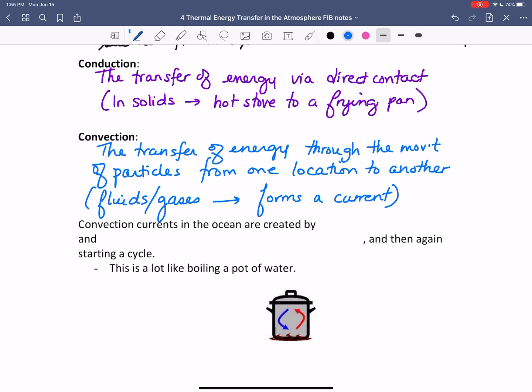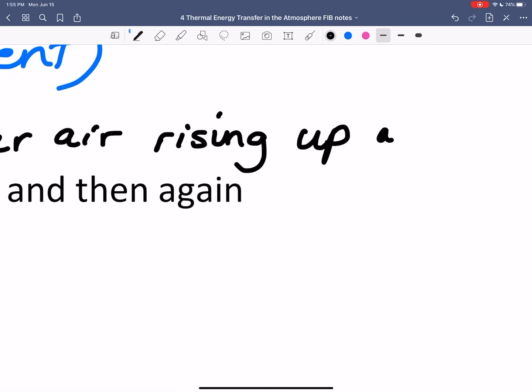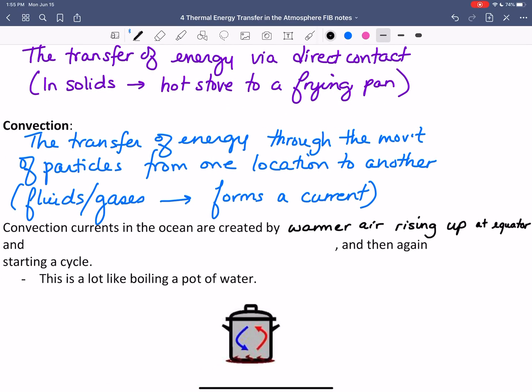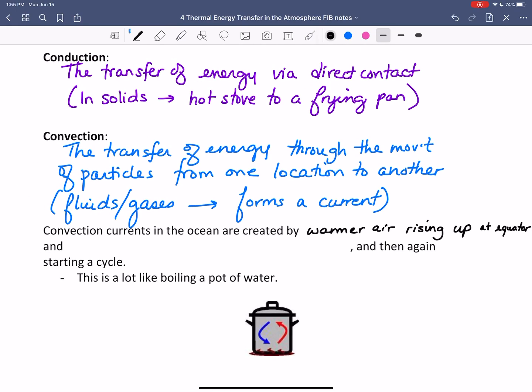Convection currents in the ocean, for example, are created by warmer air rising up at the equator and then falling down wherever it cools, traveling to the poles where it cools.